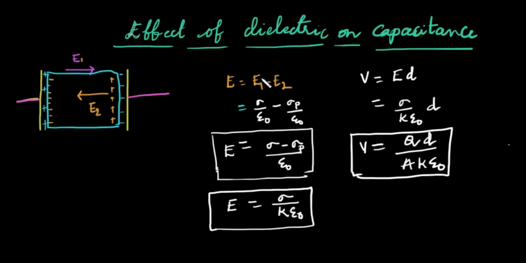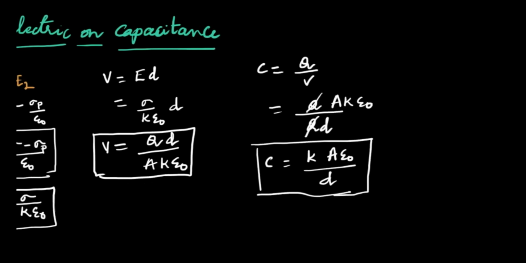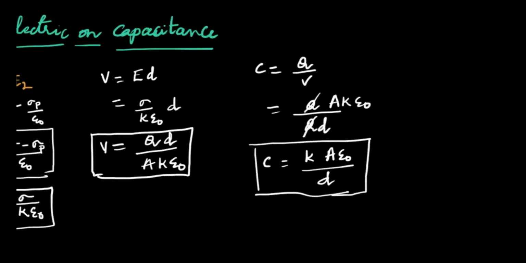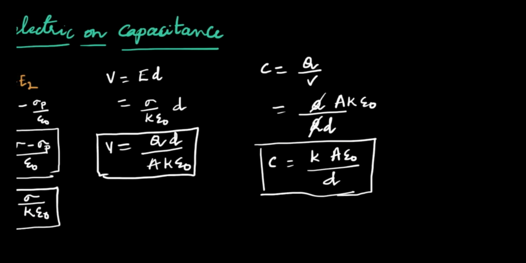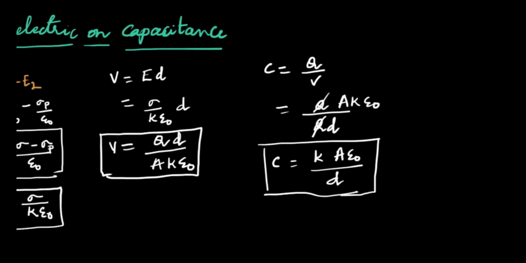When we substitute the values, we get E is equal to sigma by K epsilon naught, where K is the dielectric constant. Then V is equal to ED, from which we get the potential difference across the plates due to the dielectric. Then C is equal to Q by V gives the capacitance of a capacitor with dielectric.